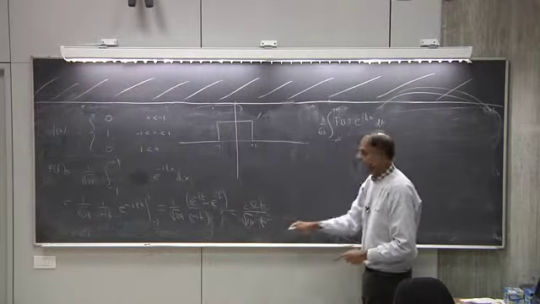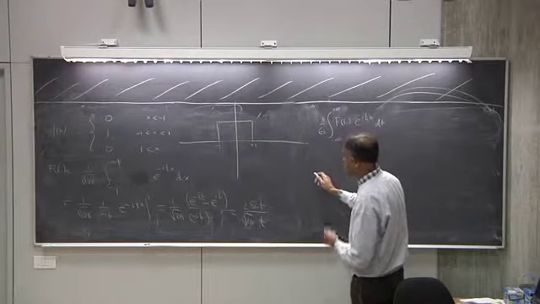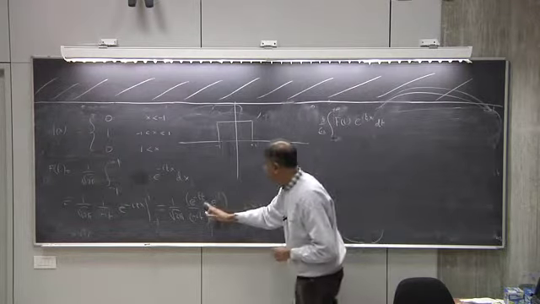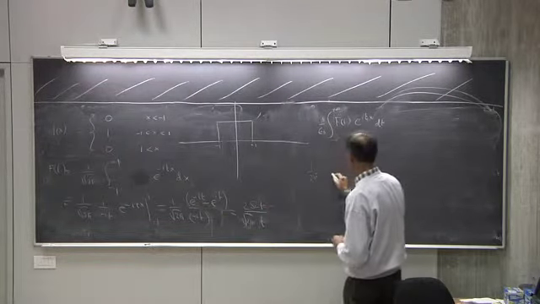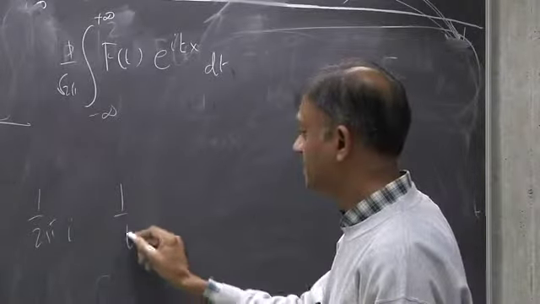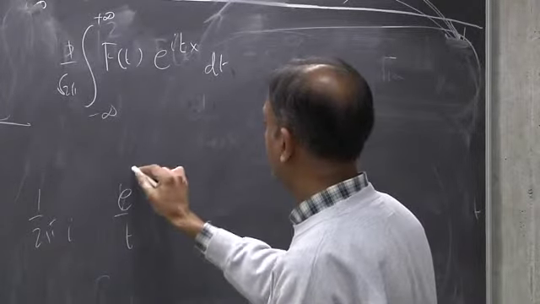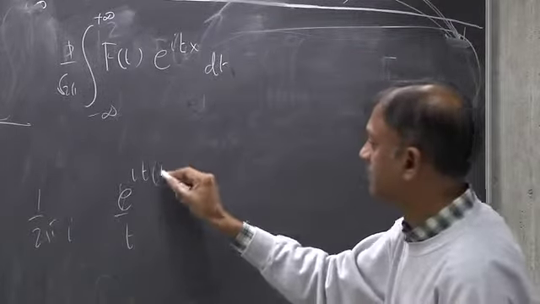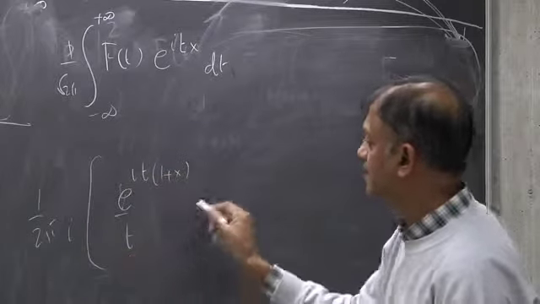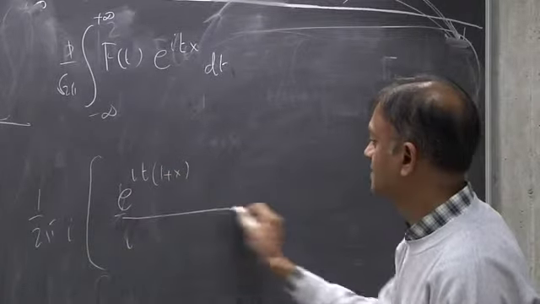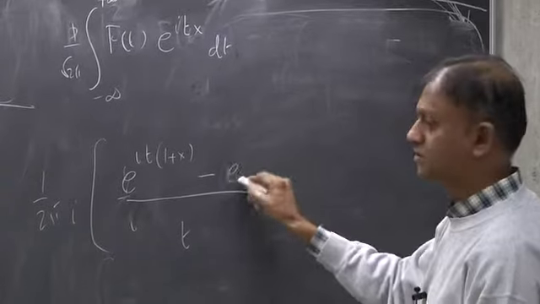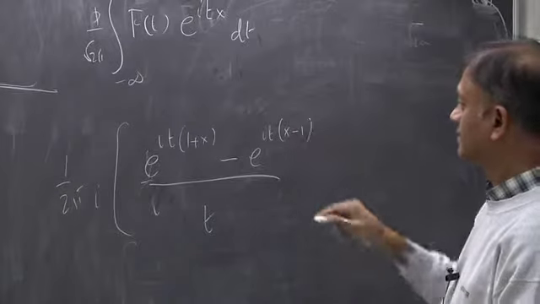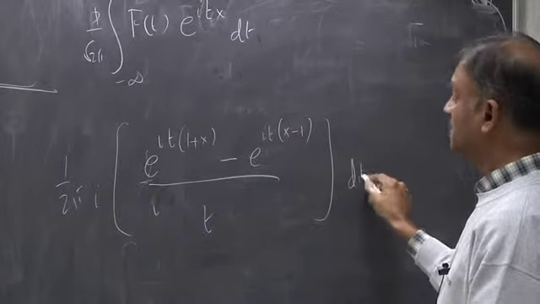So you get 1 over 2 pi, and let me take minus e to the it, so you get 1 over it, and then e to the it from here, and you get 1 plus x for one of them, and the other will be minus e to the power of it times x minus 1, dt integral.